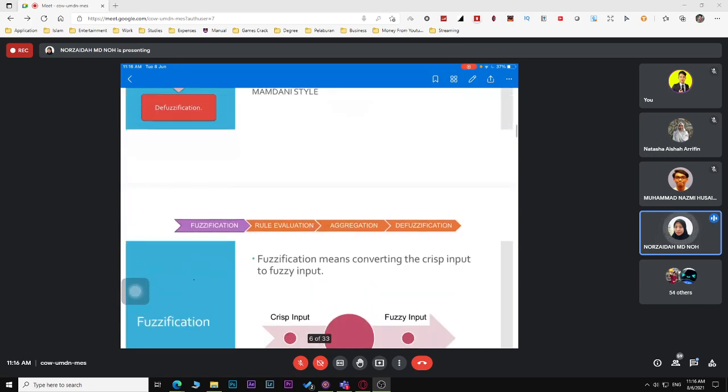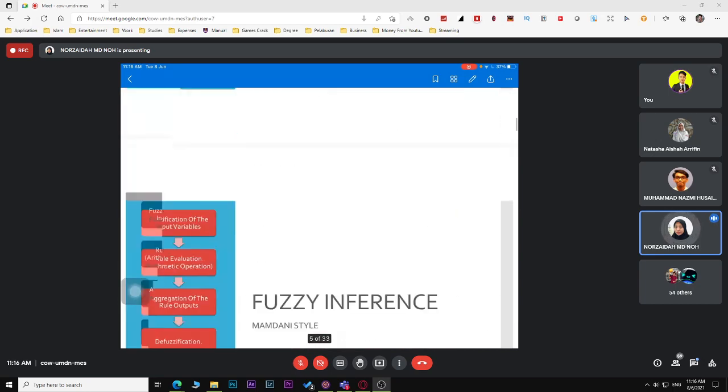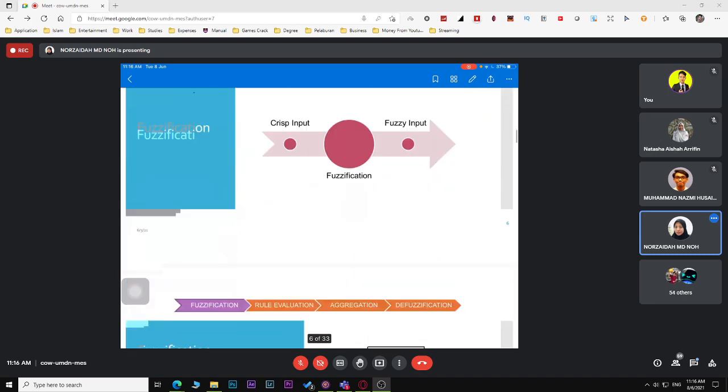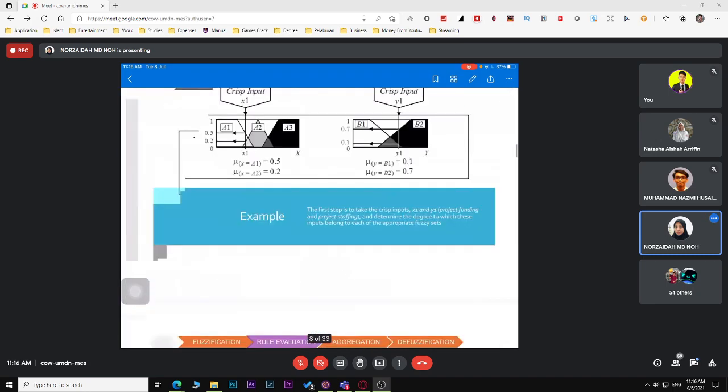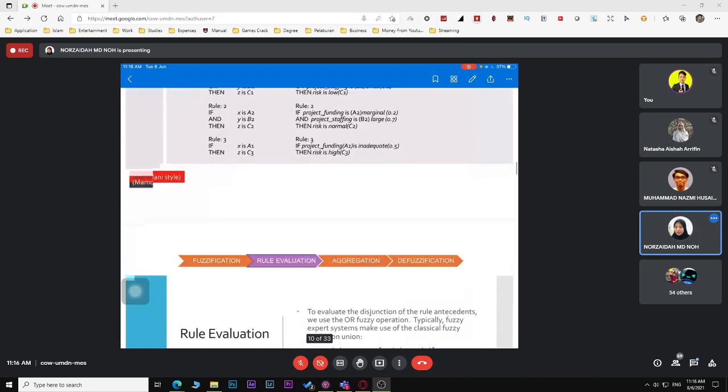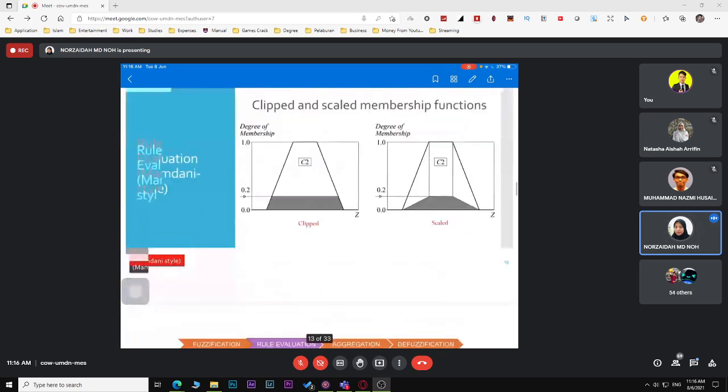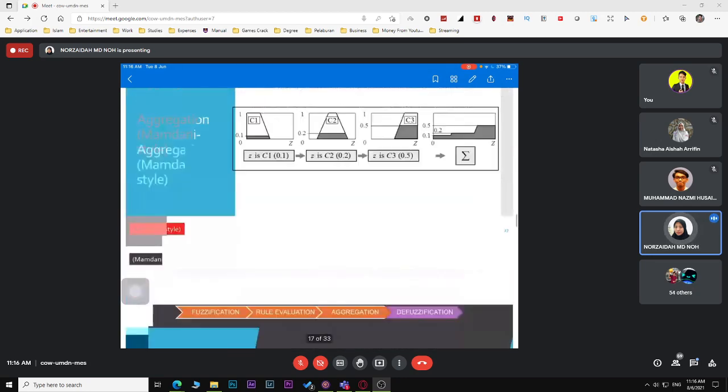Okay, kalau tak ada soalan, hari tu kita buat sampai slide mana? Ni semua Mam Dani kan? Mam Dani. Kita kira dah habis dah Mam Dani ni.